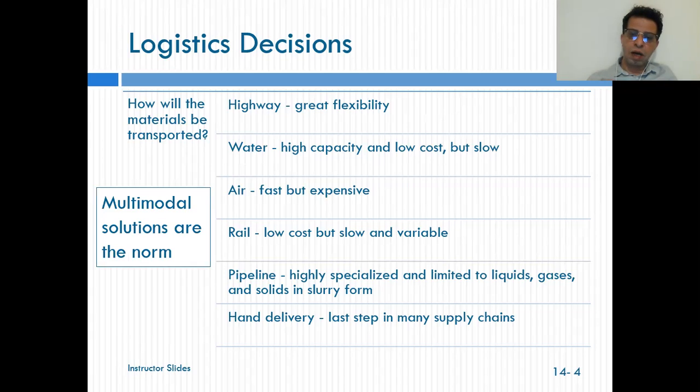So you do highway and then hand delivery, or highway, water, hand delivery, or water and then highway, and so on, a multi-modal solution involved in it.